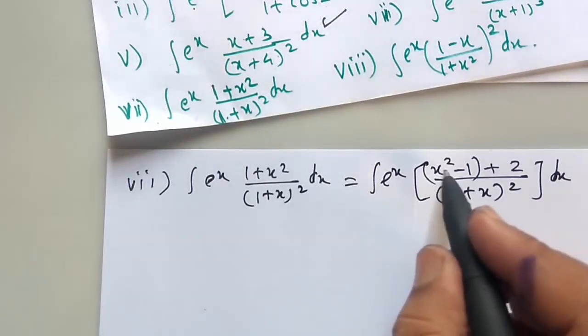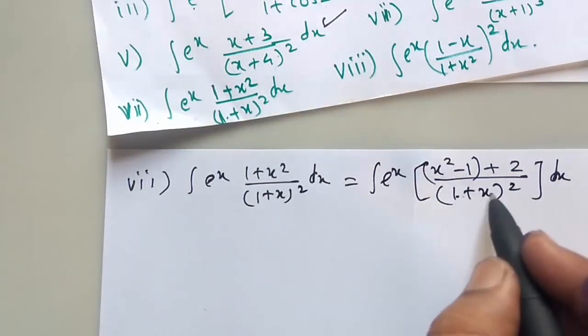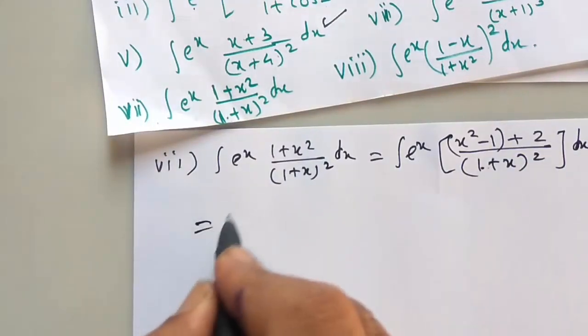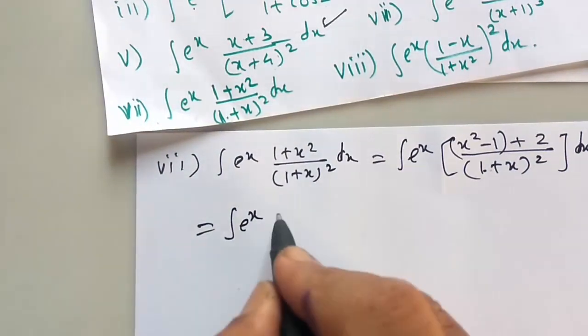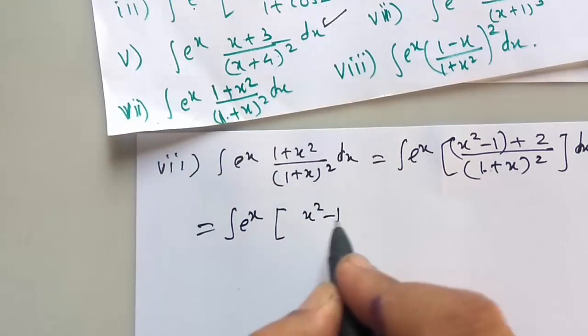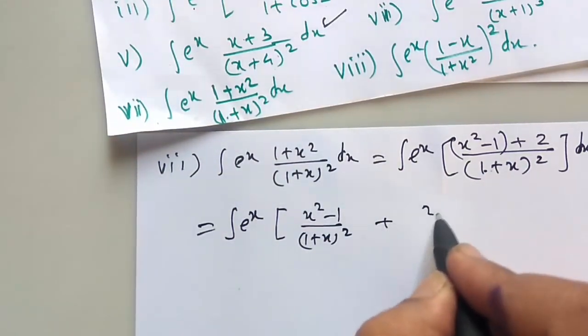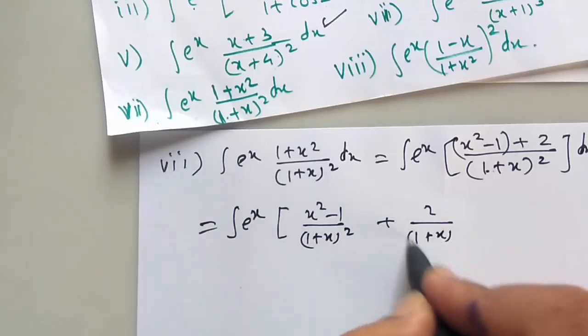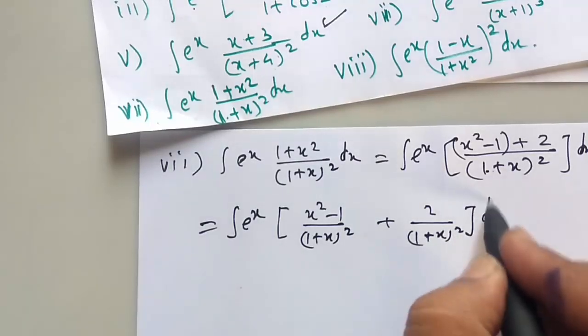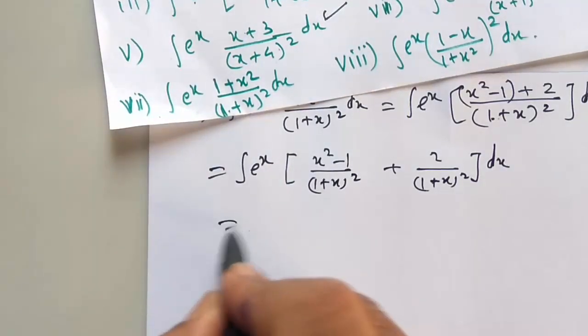So dividing each term by (1 plus x) whole square, it is equal to e raised to x, (x square minus 1) upon (1 plus x) whole square plus 2 upon (1 plus x) whole square dx.